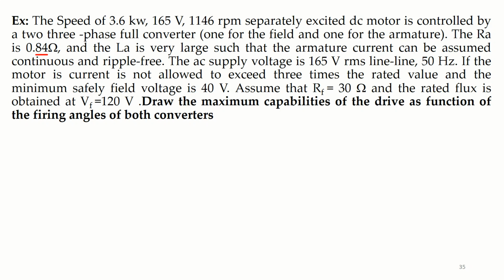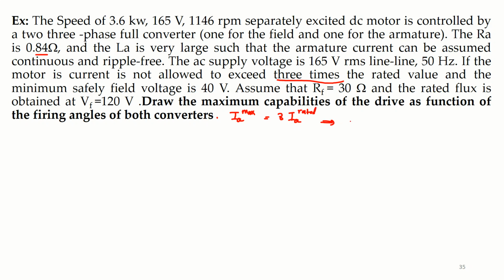We need to draw the maximum capabilities of the drive as a function of the firing angle of both converters, which means that while the current is maximum, and here the maximum current is 3 times the rated, so IA max is equal to 3 IA rated.